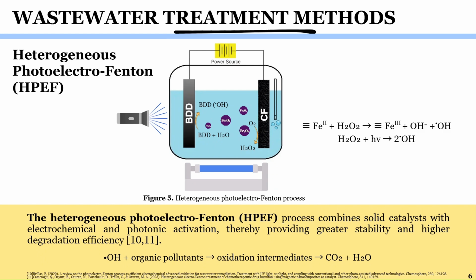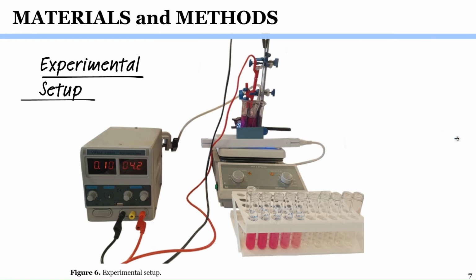Heterogeneous photoelectro-Fenton combines solid catalyst with both electrochemical and photonic activation. In these systems, hydrogen peroxide generation, regeneration of surface ferrous sites, and photonic activation under UV irradiation act cooperatively, producing high hydroxyl radical fluxes.